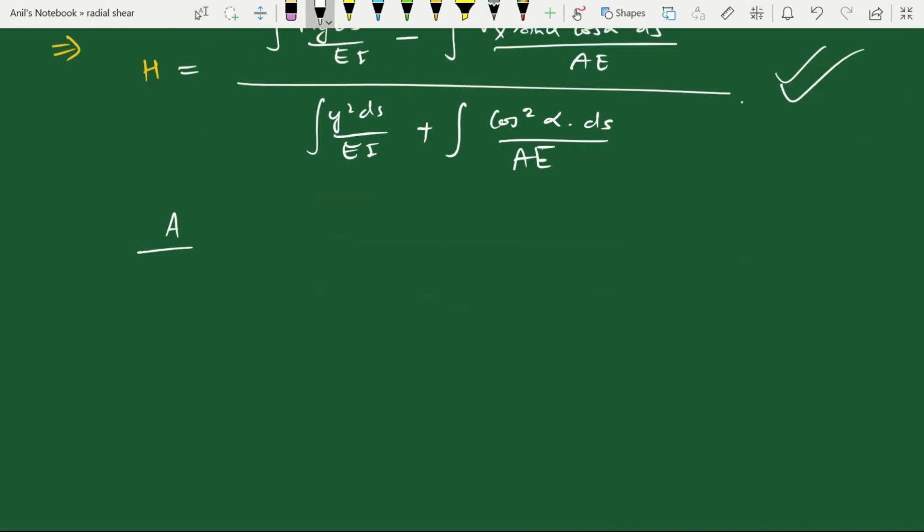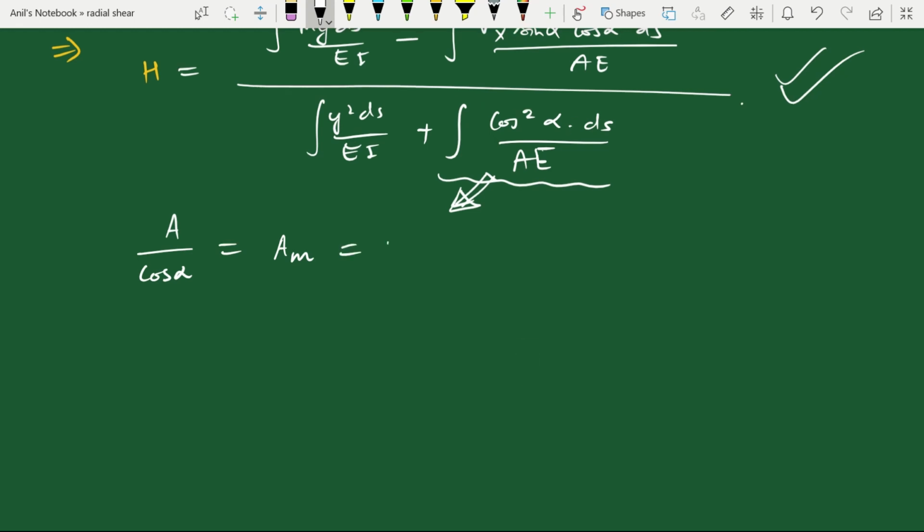Consider this term A upon cos alpha in this expression. A upon cos alpha is Ax, and this is nothing but mean cross-sectional area of arch. So here let us understand it clearly.